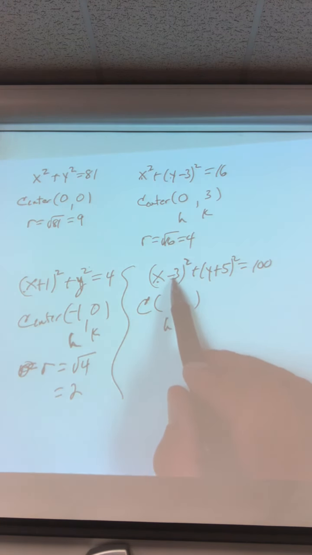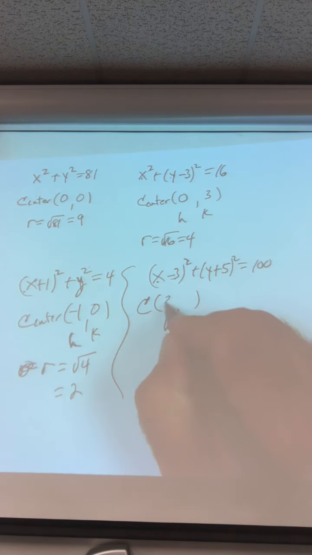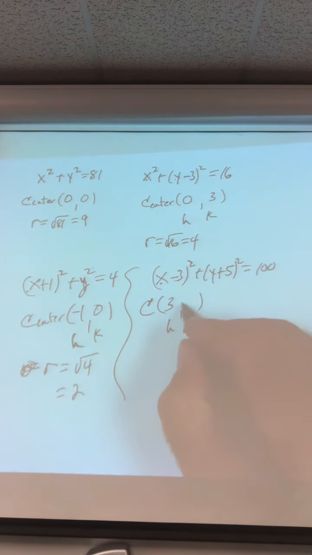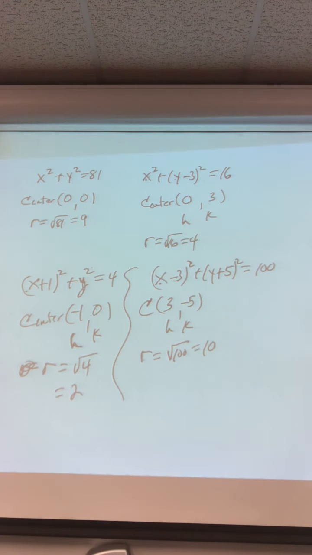So the h is positive 3. K would be what's behind the y, in front of the square, the opposite of it. So k would be negative 5. And then the radius is always the square root of whatever number's on the end, which in this case is the square root of 100, which is 10.